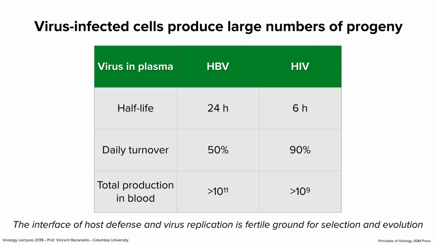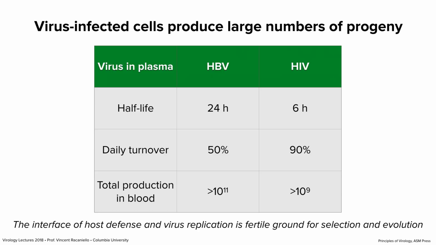Viruses make huge numbers of progeny. These are just 2 examples to show you the numbers: hepatitis B virus and HIV. The half-life itself is amazing. HIV turns over every 6 hours in the infected individual, a little slower for Hep B. 90% of HIV turns over on a daily basis, and the total production in blood on a daily basis is about 10^9 infectious particles for HIV, 10^11 for HBV.